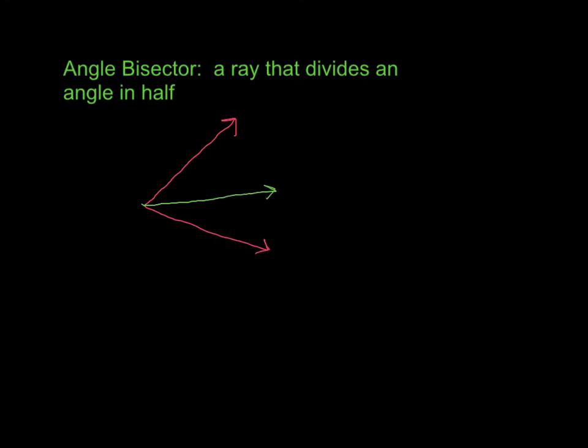If I'm going to cut it in half, the angle bisector would be the ray that would cut the angle in half. So if the original angle happened to be 70 degrees, then each of the little angles, now here and here, would both be 35 degrees.